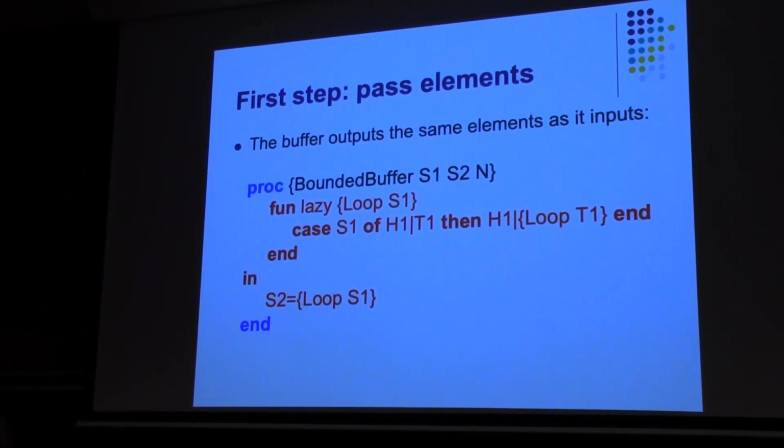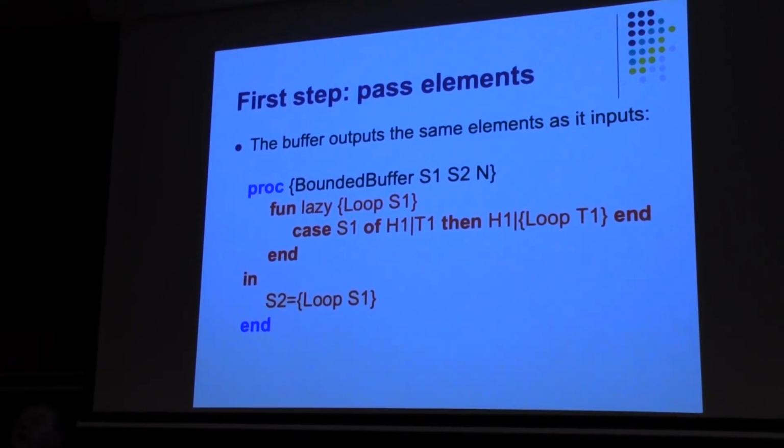Of course, we have to be careful it doesn't grow forever, so it has a maximum size, and that's n. Okay. And we do it in 4 steps. So the first step, all the input elements are just going to the output. Okay. We have lazy, so maybe the input elements come in early or later or whatever, but the bounded buffer is not creating any new elements. Huh? It's just passing the input to the output.